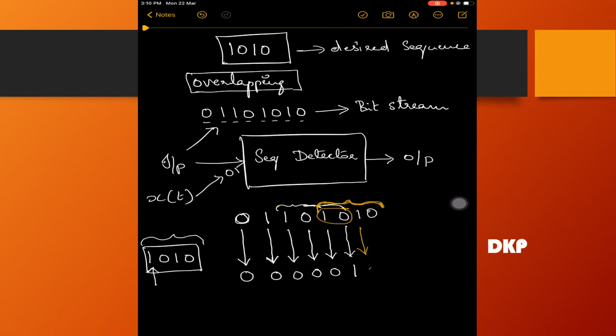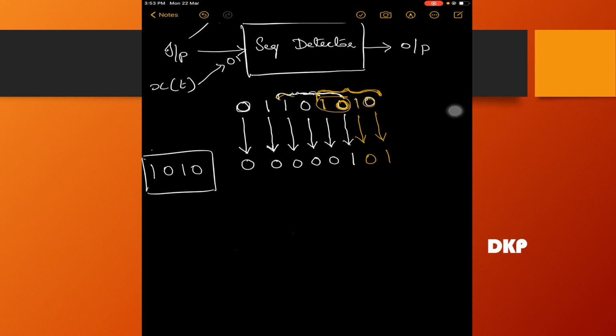When it reaches this 0, it will complete the second sequence, that is 1 0 1 0 1 0, therefore the output is 1. So, this is overlapping. In overlapping, the same bits can be taken as the starting point of the next sequence.